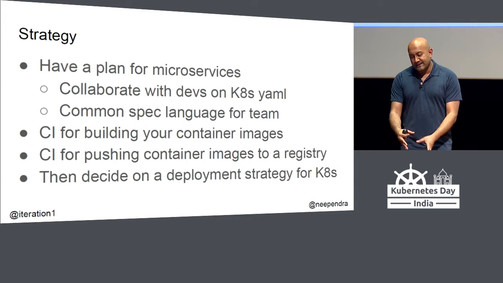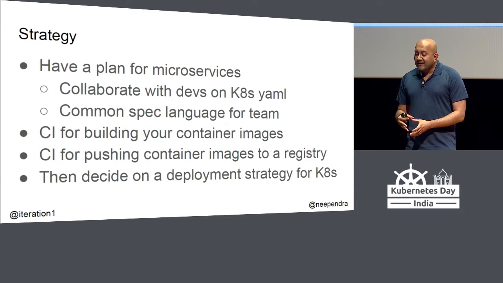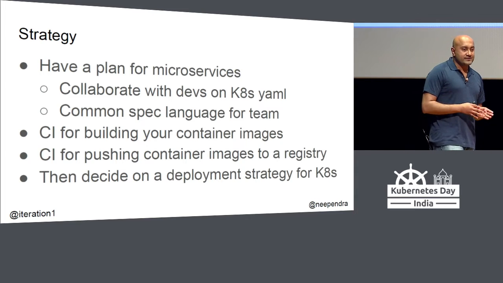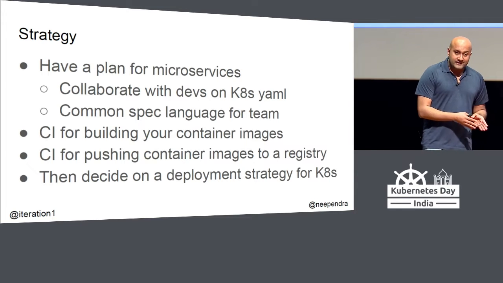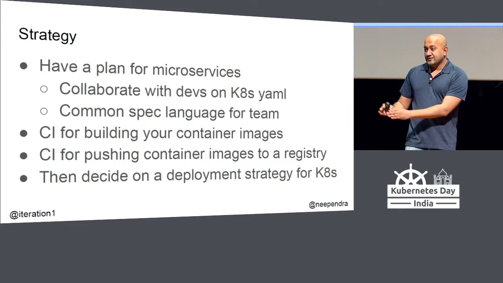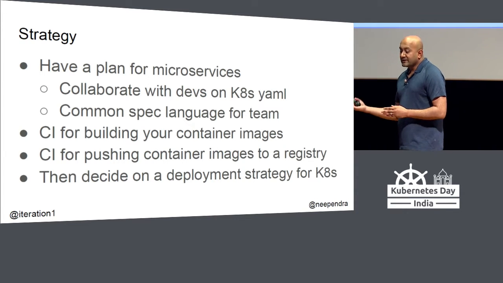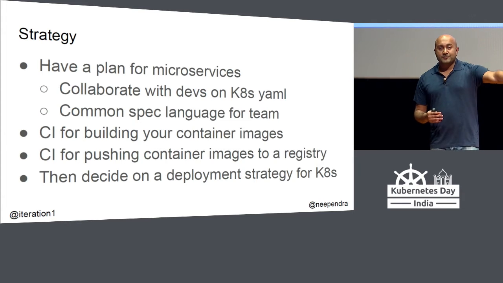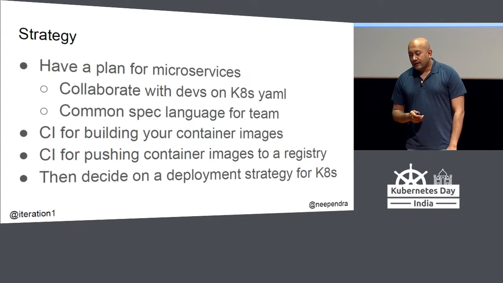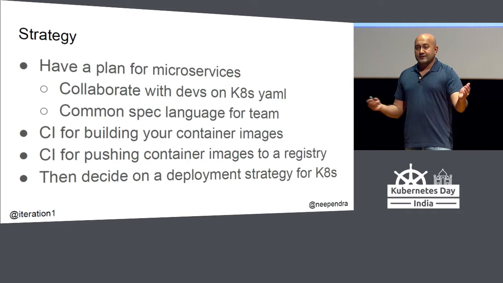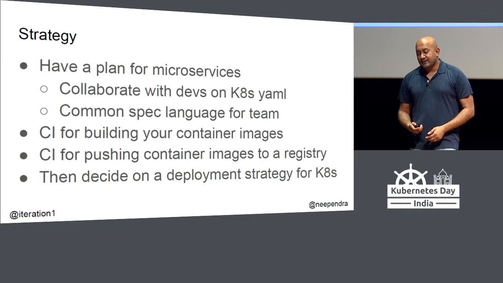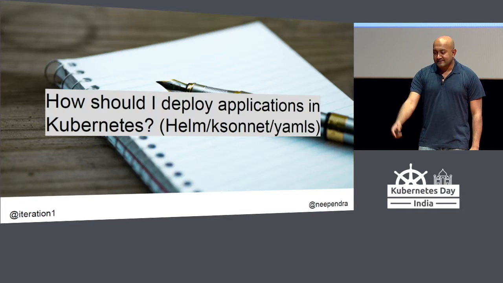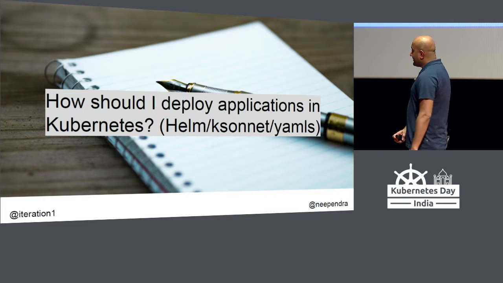Think about having a CI to build your container images, because a lot of this is based on containers. If you have a pipeline to build your images, do that. Also use the same CI pipeline to push those images to a registry. And then, once you're done with that, have a deployment strategy set up for Kubernetes. So I'll turn it back to Neependra.